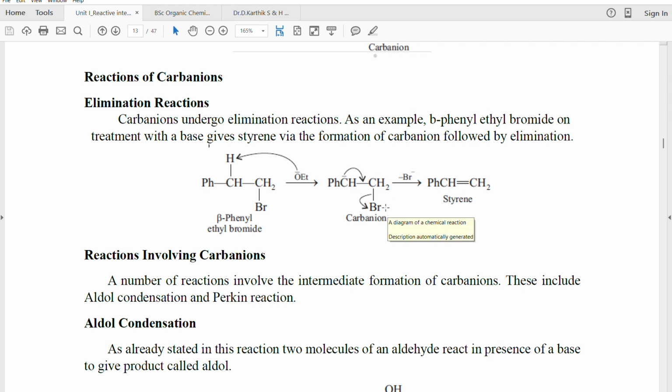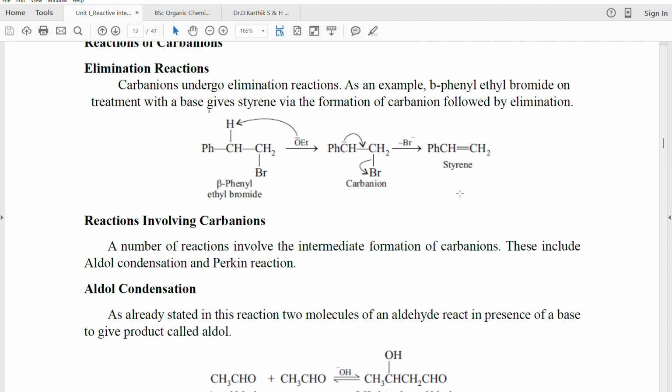Why it is called elimination is because you are eliminating one hydrogen and one bromine by adding a base, right? So you are removing one hydrogen from one carbon and one bromine from another carbon. When you remove one group from each carbon, there will be a double bond between the two carbons from where the hydrogen and the functional group were removed, right?